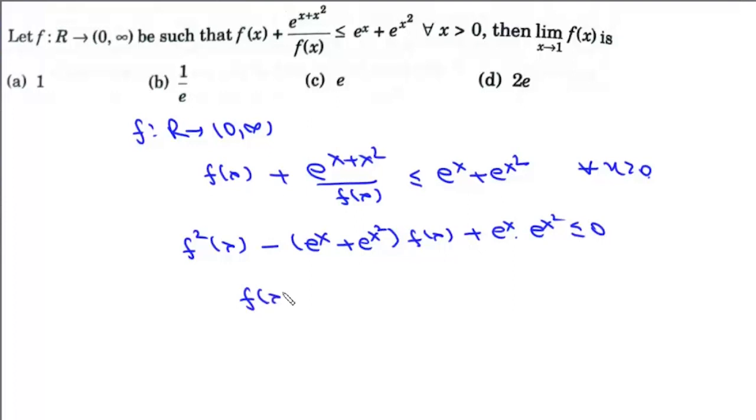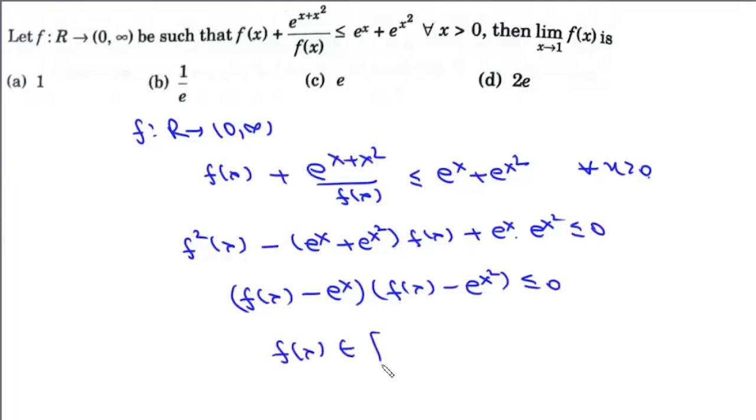Now we can factorize this as (f(x) minus e to the power x) into (f(x) minus e to the power x square) is less than or equal to 0. So from here we can write f(x) belongs to this interval e to the power x and e to the power x square.